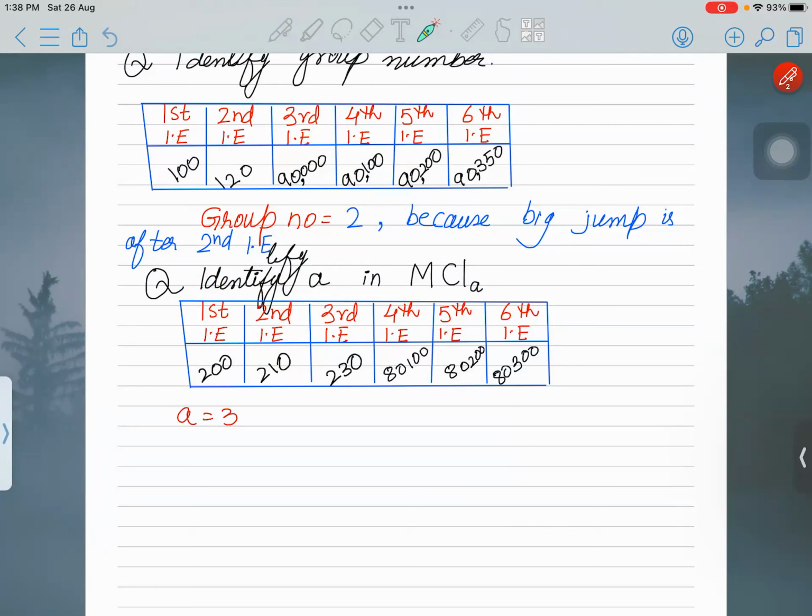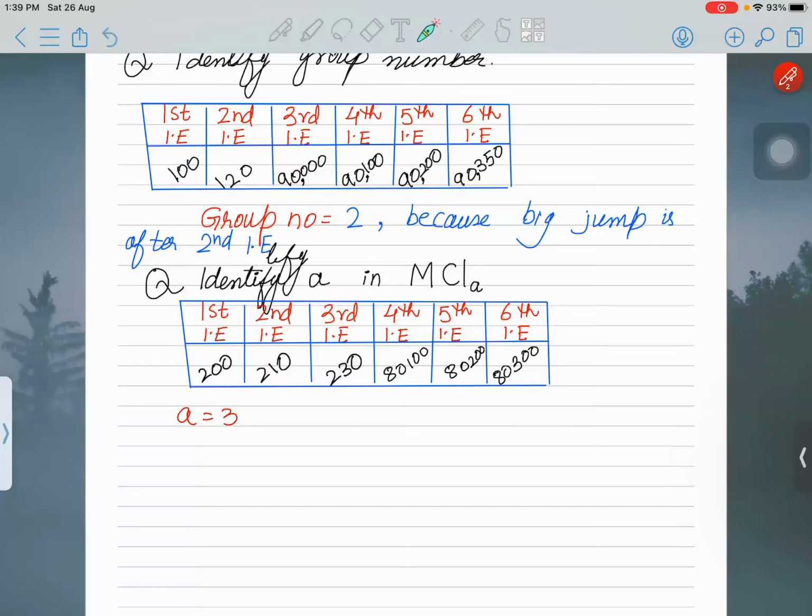Now listen again. It means you have 3 electrons because you observe a big jump after the third ionization energy.